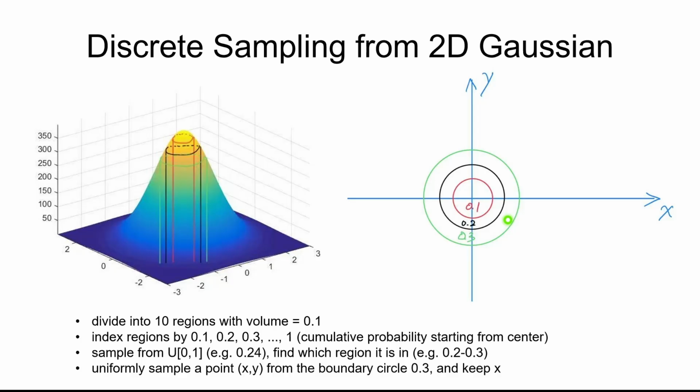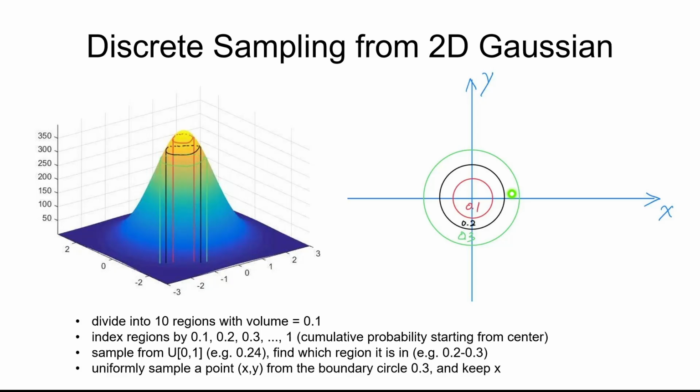But imagine that instead of having 10 regions, 10 circles, we have infinite circles, and each circle tells us the volume of the region enclosed by this circle. Then we can use the same idea to generate samples from a uniform distribution, find the boundary, and then sample a point from the boundary circle and keep x.